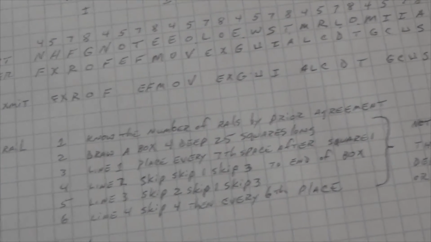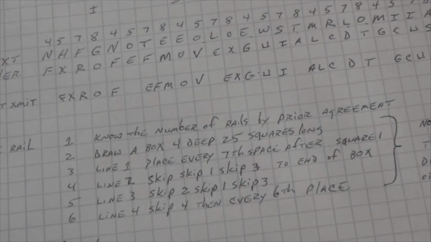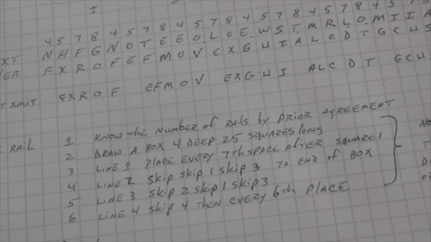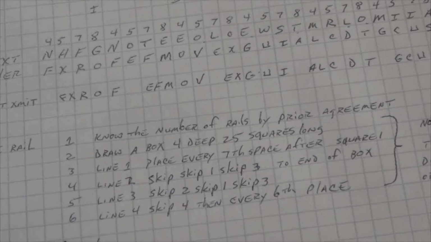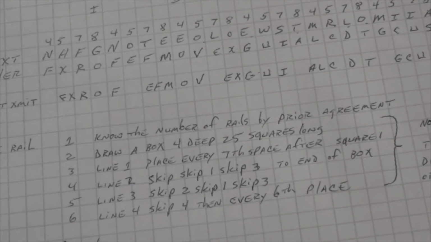Now, there's two ways to break this out. The first is you know the number of rails by prior agreement. You're communicating with someone and you've said, we're going to use 4 rails, we're going to send this message. Then you draw a box 4 deep, 25 long, because there's 25 characters in that message.